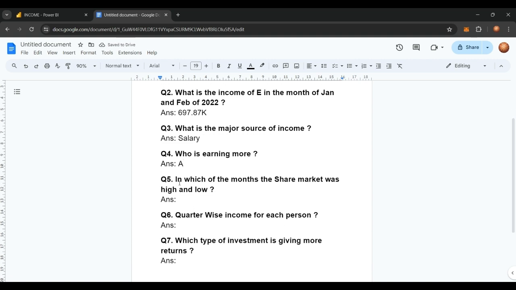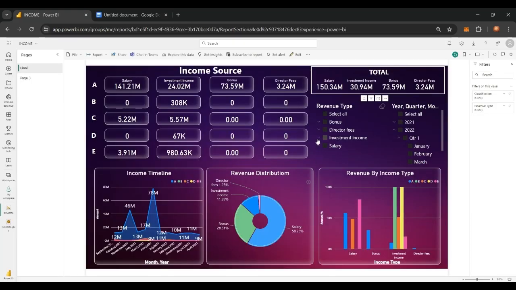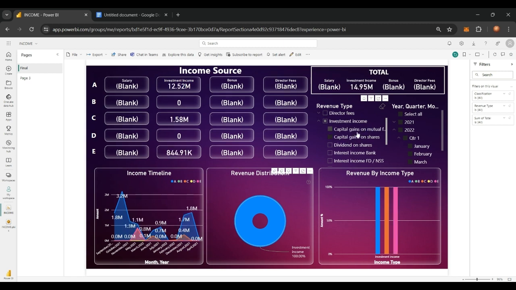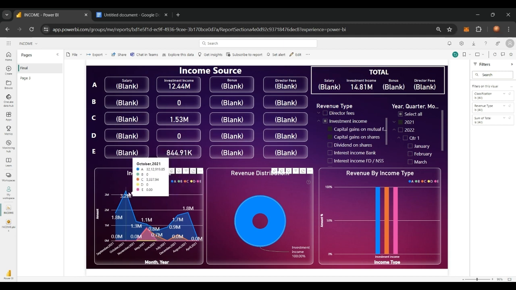Next question is: in which month was the share market high and low? This we can get by coming to the investment income and selecting all the categories that belong to the share market. From here in the investment we can find the capital gain on mutual fund and capital gain on the share. These two categories will help us understand the trend of the market. Now coming to the year, we will select year 2021. In the year 2021, we can see October was the month giving the highest returns, and the second highest month was August.